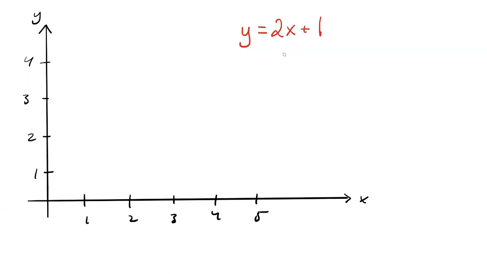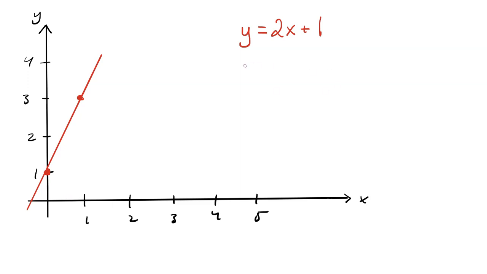You see, this number here, as we have said, corresponds to where it crosses the y-axis. And 2 means the slope. It means if I go 1 step here, then I should go 2 up. And now I have 2 points. So now it's just to draw a straight line going through these 2. Like that. If I take a ruler, I can draw a straight line.